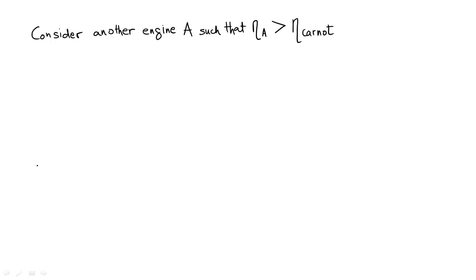Consider another engine A whose efficiency we will suppose is greater than the Carnot engine. Suppose engine A and the Carnot engine are scaled so that the work output of A in a cycle is equal to the work input to a Carnot engine running backwards, and suppose they are clubbed together as shown here.